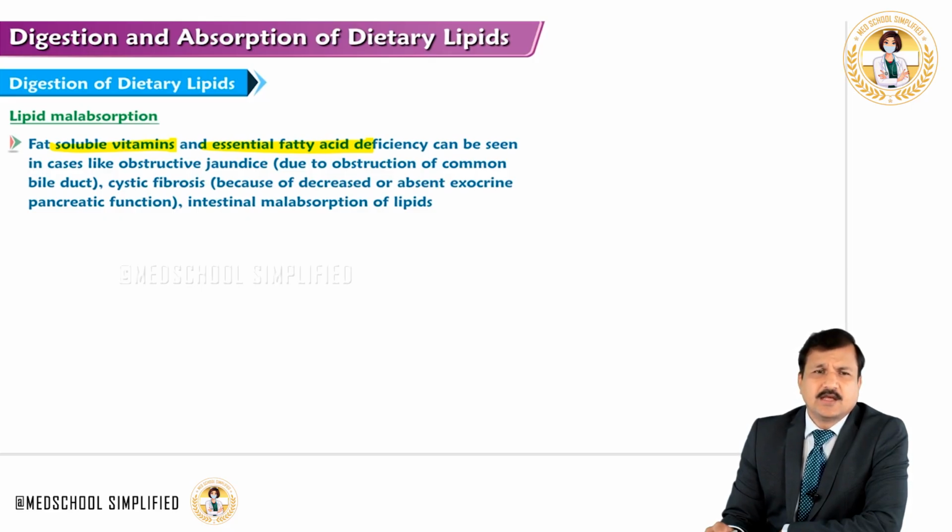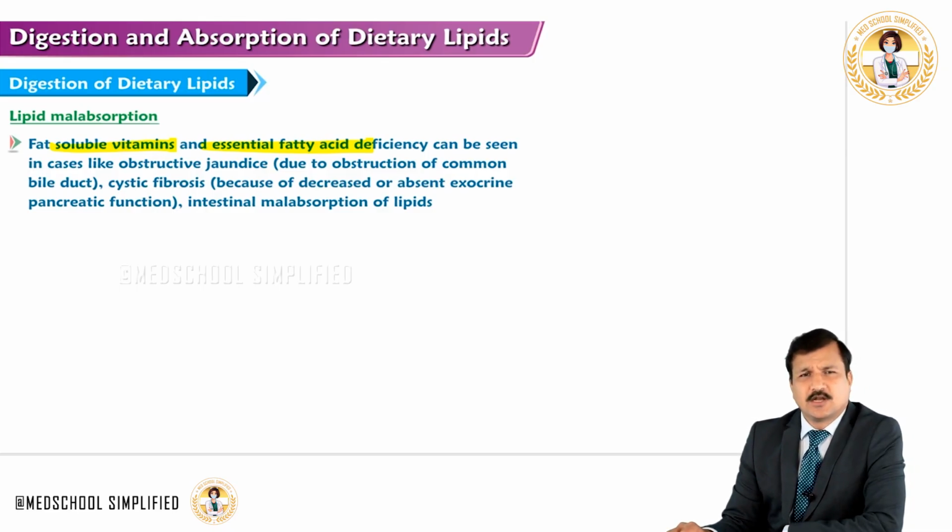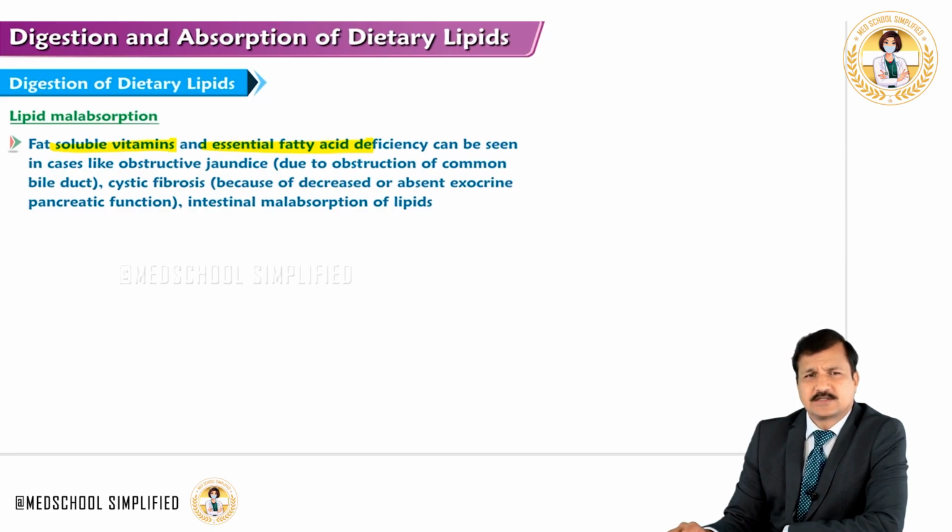So note that generally in lipid malabsorption, we don't find a triacylglycerol deficiency, phospholipid deficiency, or cholesterol deficiency, because these are molecules that can be synthesized in our cells. They are not absolutely essential in the diet.